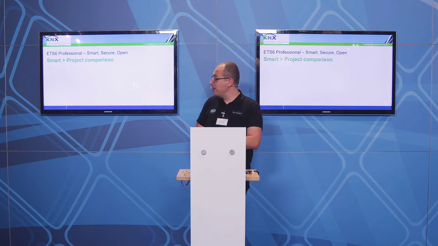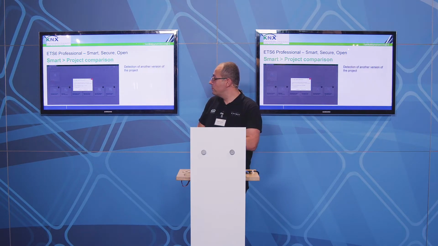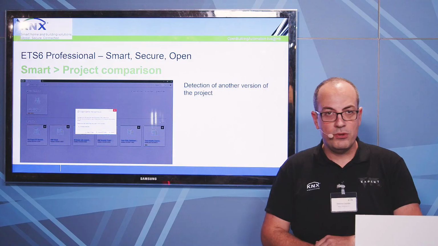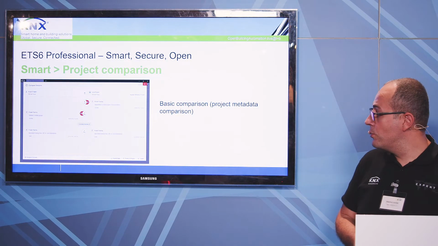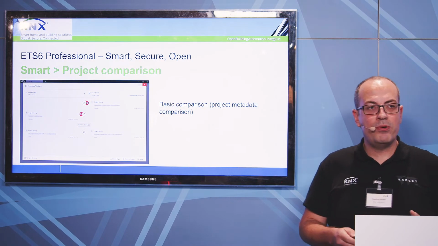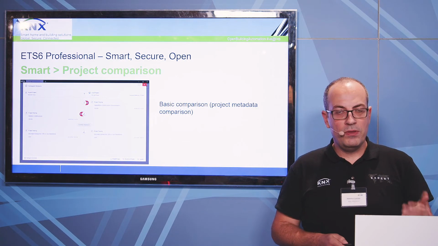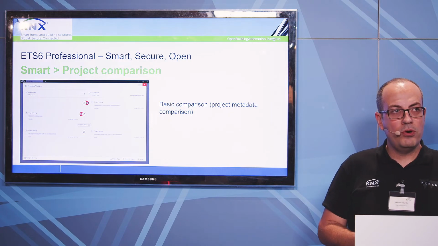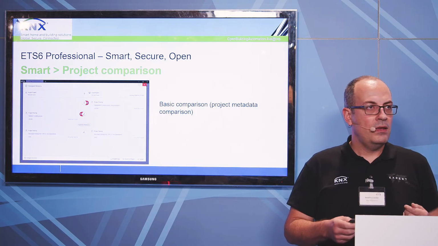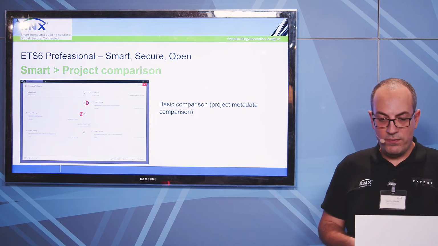And one of the biggest features that we have also introduced is the project comparison, by means of which an ETS user can quickly compare project data either between the local projects and the archived projects, or the local projects and a project that has been received by one of his colleagues.